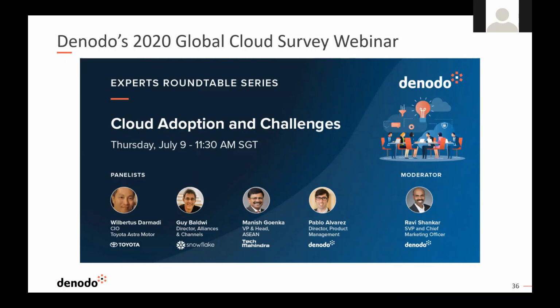You can see here we've got representatives from a customer such as Toyota, our technology partner Snowflake, a representative from Tech Mahindra, one of our global SIs, and Pablo, who is our product manager. That's all being chaired by Ravi, our CMO. I would encourage you to go and listen to that, because I'm thinking it will be quite a lively discussion, and it will be a panel discussion rather than just a presentation.